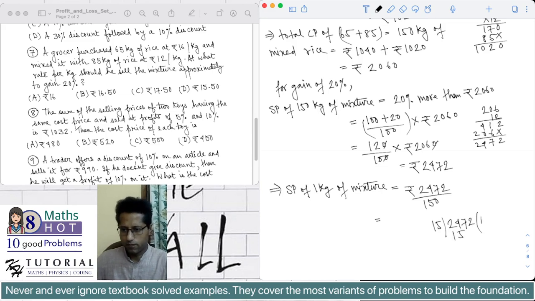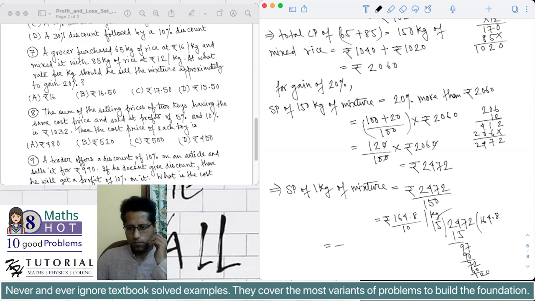This gives 164.8, divided by 10 per kg will be the rate.